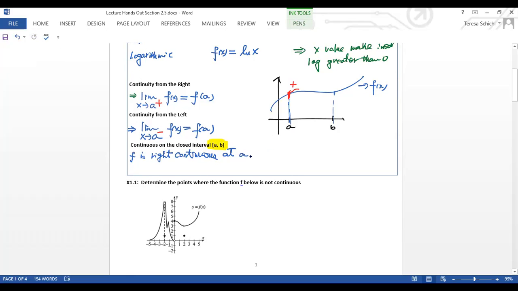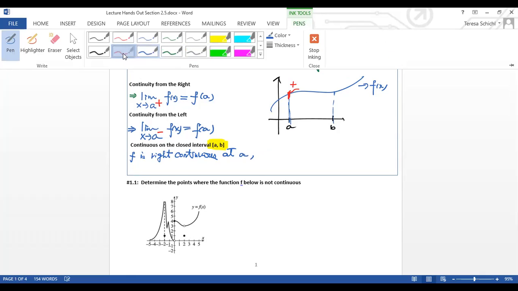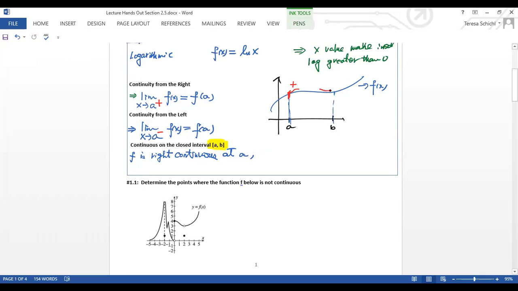Okay, and the same way, because you are approaching this end, so what is this approach? It is the left approach, right?